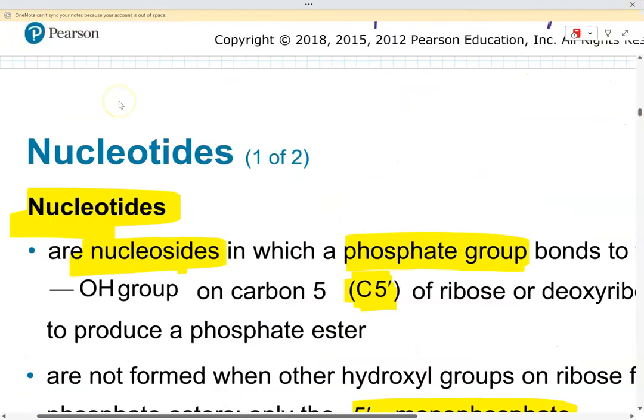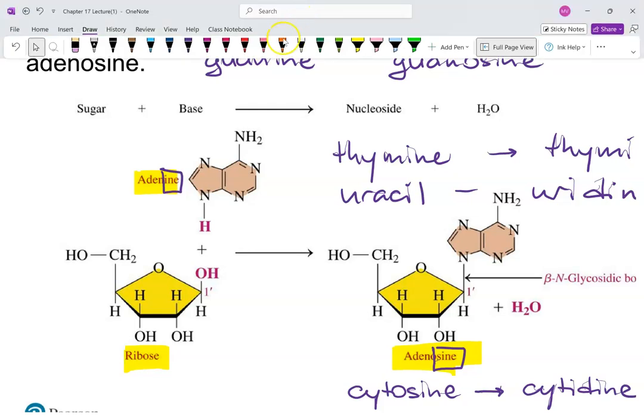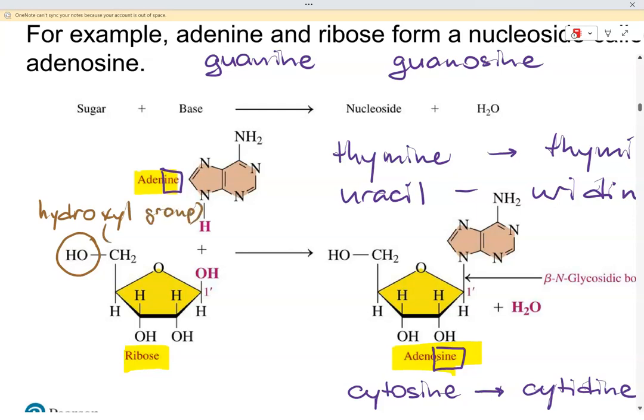Now if we scroll back to this, this is the hydroxyl group. Hydroxyl group is characteristic for an alcohol. Does that make sense?